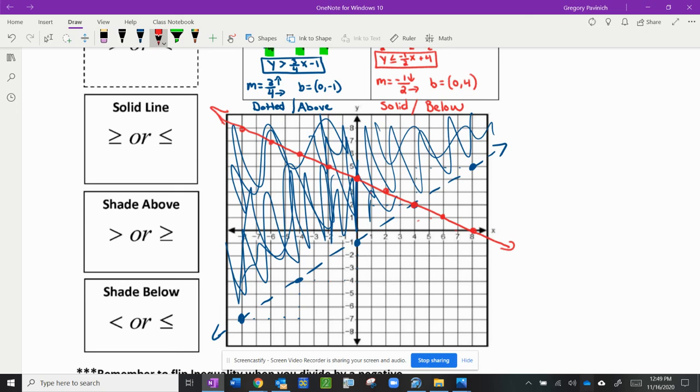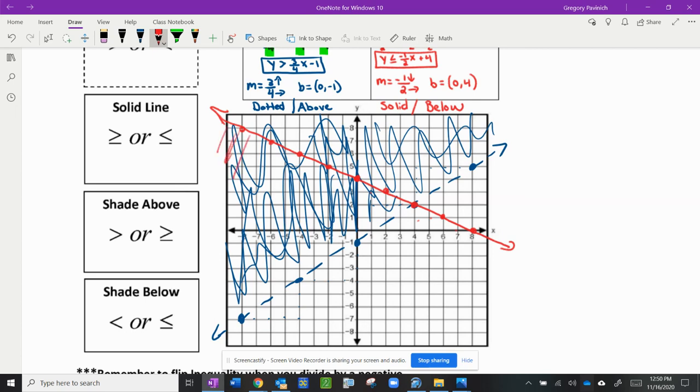Now, as I'm shading below, notice my first equation that's in blue, its solutions were all in that blue shaded area. We talked about that before and we picked points. Now, when I shade below my red line, the second equation, the solutions are going to be where these shaded regions agree or overlap.